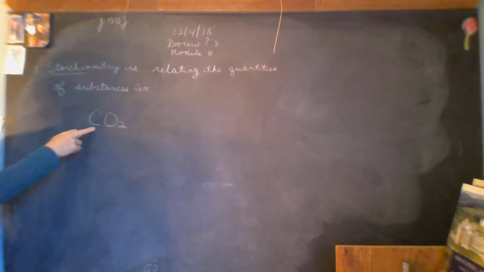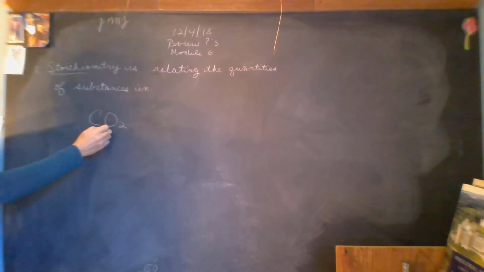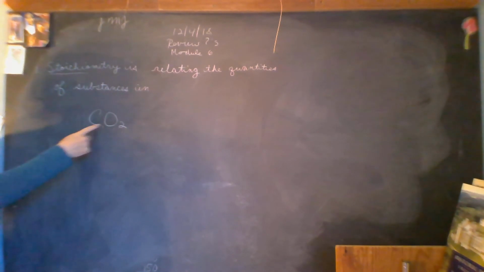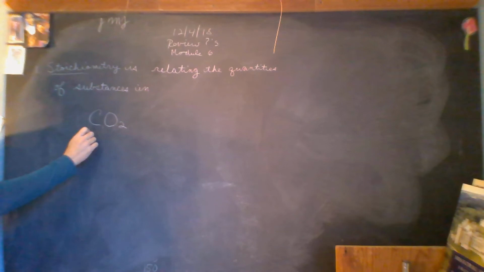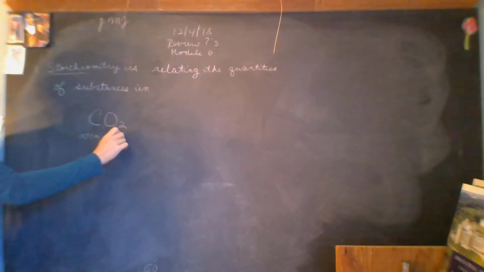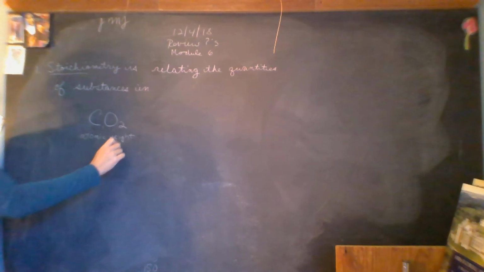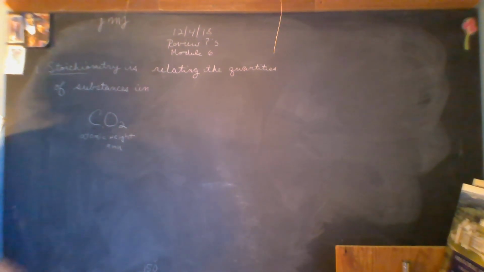And the C is an element, and the O is an element. And these little subscripts, this is 1, even though it's not written down, and this is 2, tell us what the atomic weight of this molecule is, right? In AMU, we can use the periodic table to find that out.